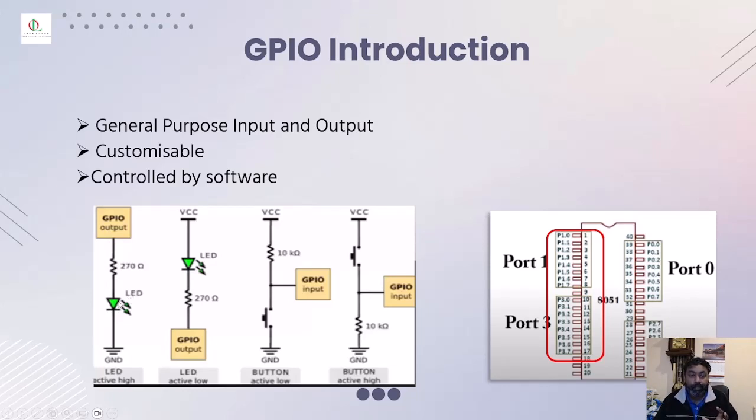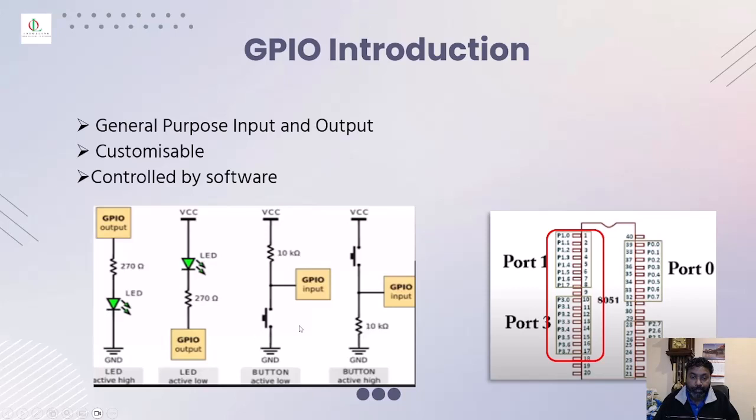So if the LED is connected to the ground, then that's active high. Whereas if the LED is connected to the VCC, and we are talking in terms of GPIOs, if the GPIO is connected to the cathode of it, then it's called LED active low.